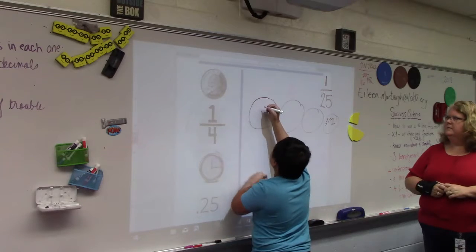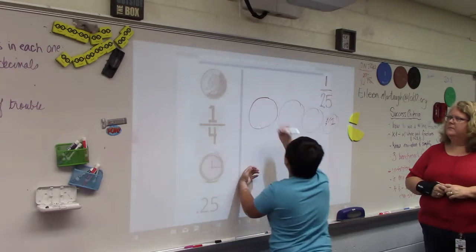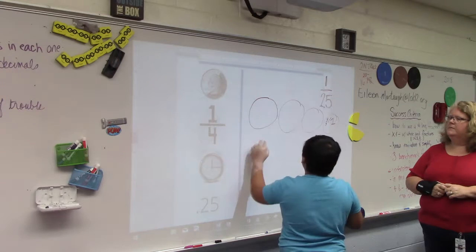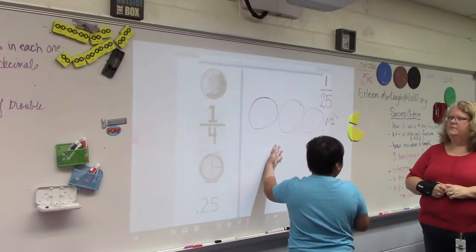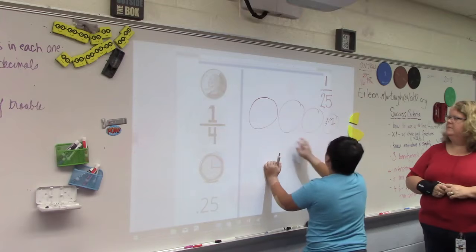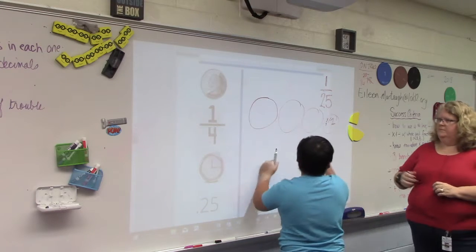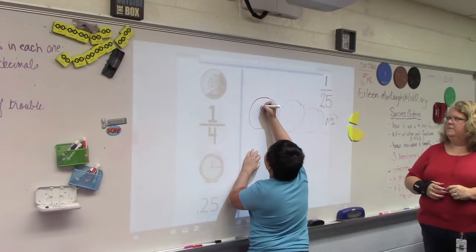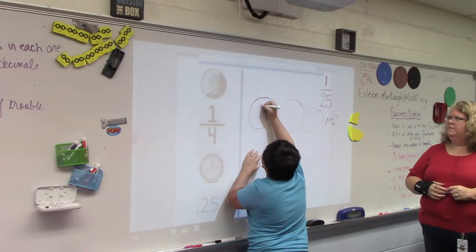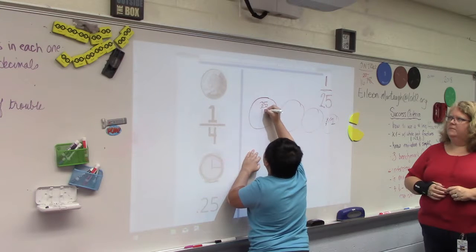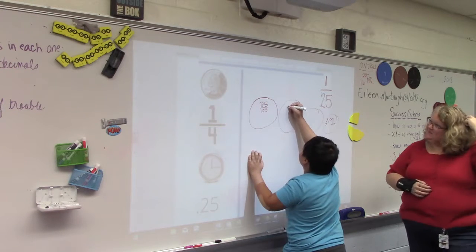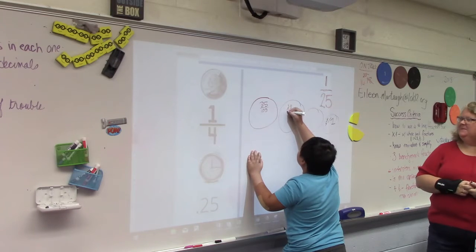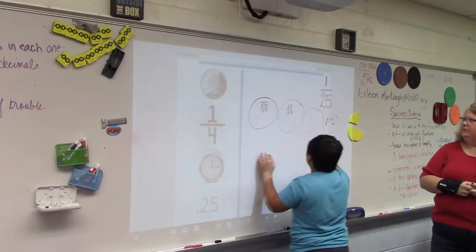And 1/4 is 25 cents each, and 2 quarters, 25 plus 25 would be 50. So if you have 50 plus 50, it would be 100. So I would have this as 25 100th for each one.